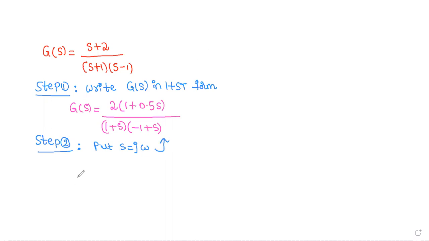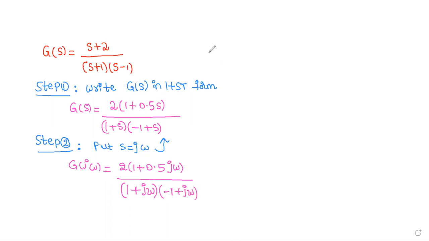Now the equation becomes G(j omega) = 2 into (1 + 0.5 j omega) divided by (1 + j omega) into (-1 + j omega). In place of s, we substitute j omega.